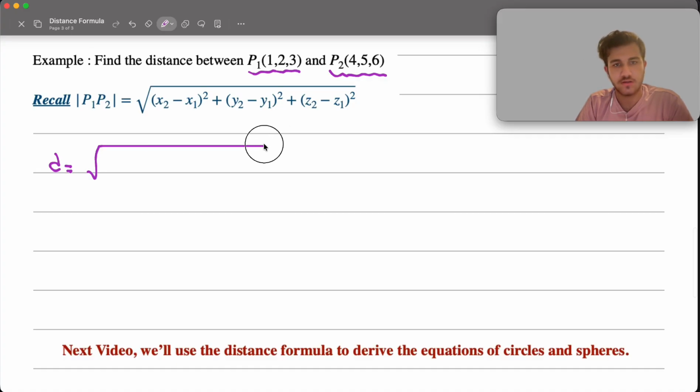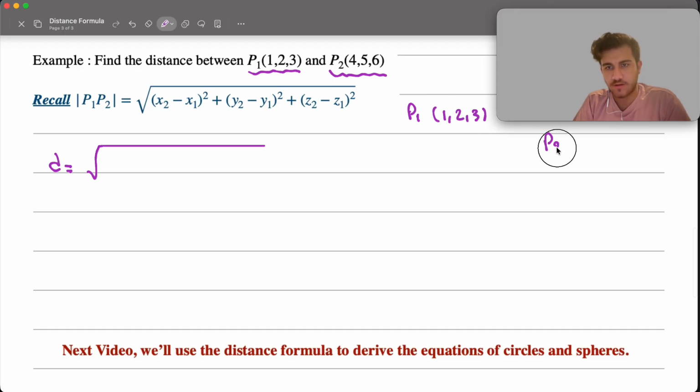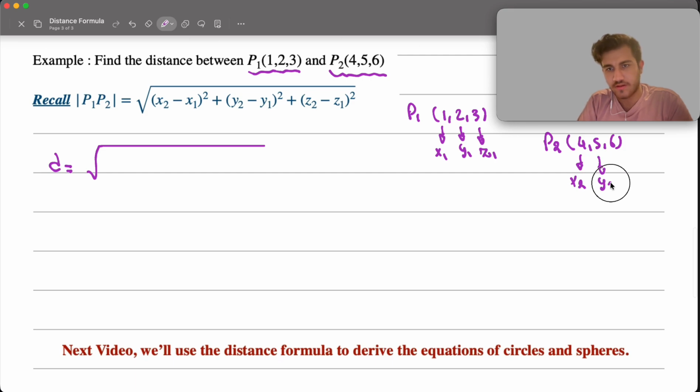Yes, much better. So let's just identify. I have the point P1, which is 1, 2, 3, and the point P2, which is 4, 5, 6. So this is my x1, y1, z1, x2, y2, z2.